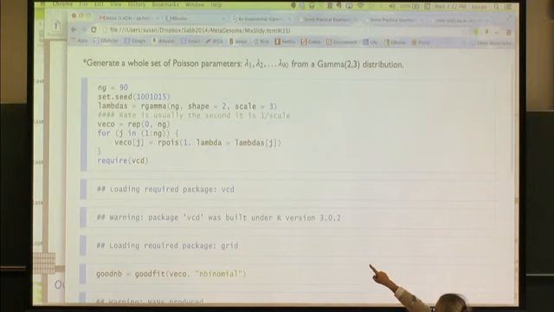It's written lambdas equals rgamma, the number I want, so 90, and the shape and the scale parameters. And then I'm going to generate 90 Poissons, each one from a different parameter. So they each have a different parameter.